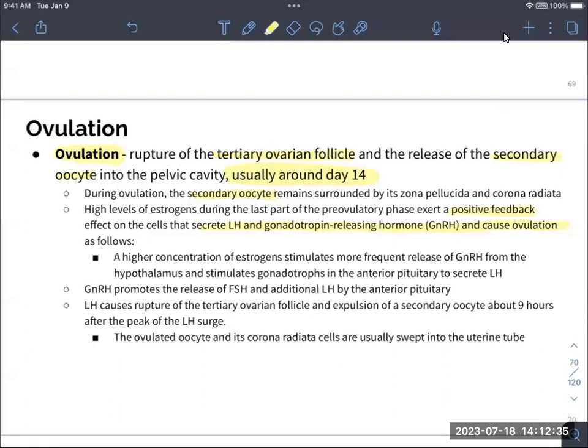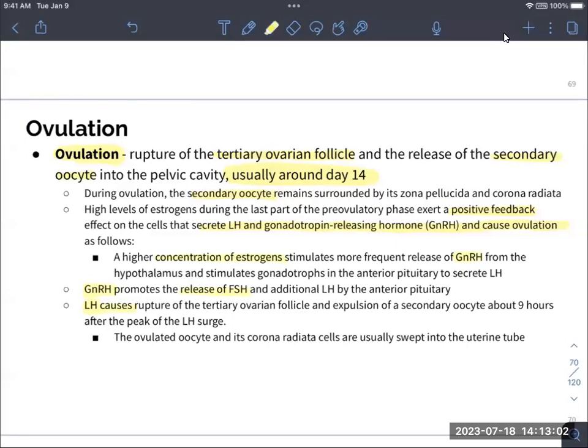So these higher concentrations of estrogen stimulate more gonadotropin releasing hormone from that hypothalamus, which stimulates gonadotrophs from the anterior pituitary to secrete that luteinizing hormone. Gonadotropin releasing hormone promotes the release of that follicle stimulating hormone.